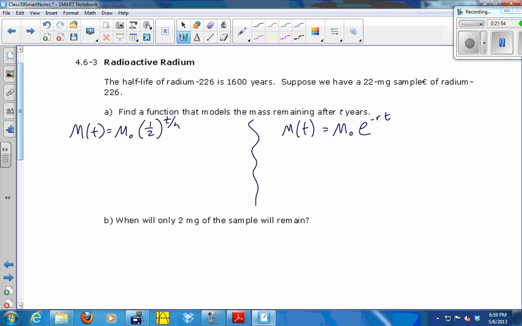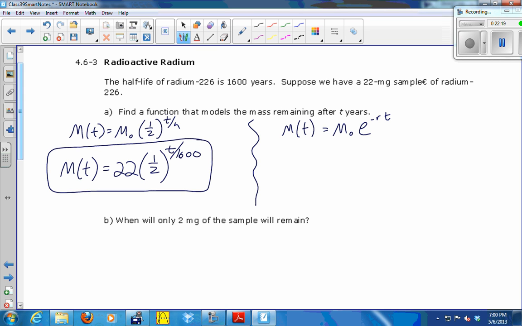So let's do that. m0 is 22, 1/2 to the t over the half-life, 1600 years. All right, so there's my function.